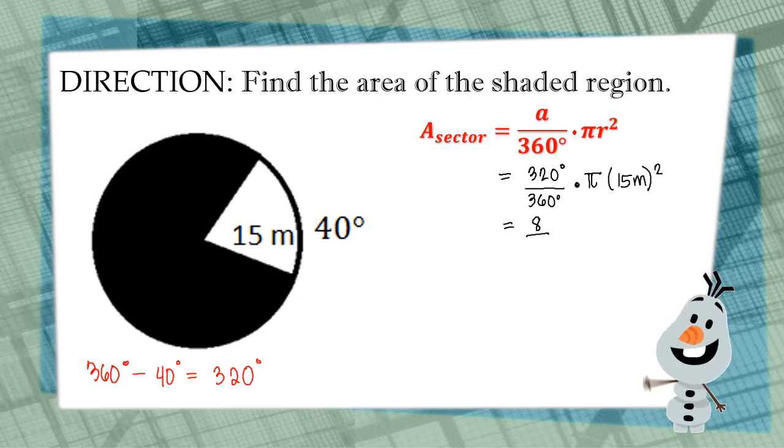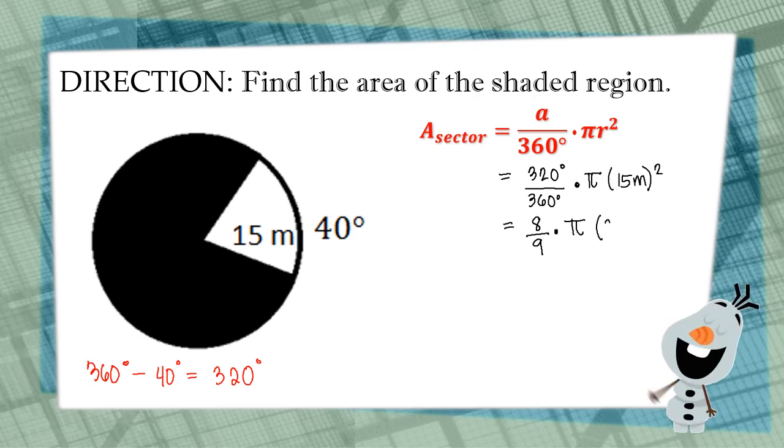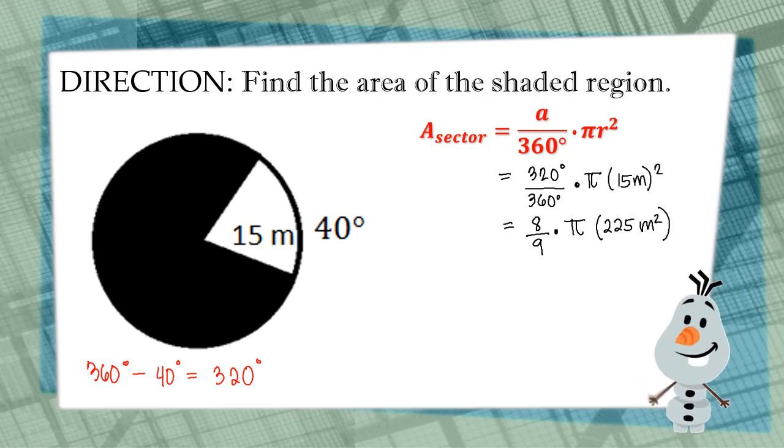And 360 divided by 40, we can have 9. And then, let us simply copy first our pi, and 15 meters squared, so we can have 225 meters squared already.